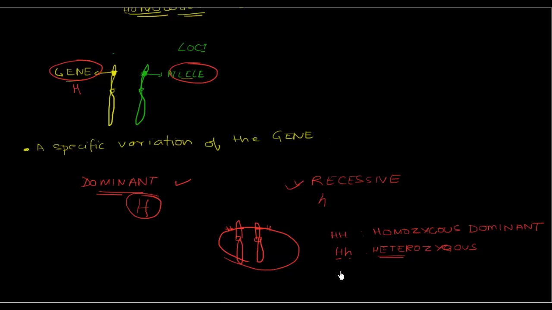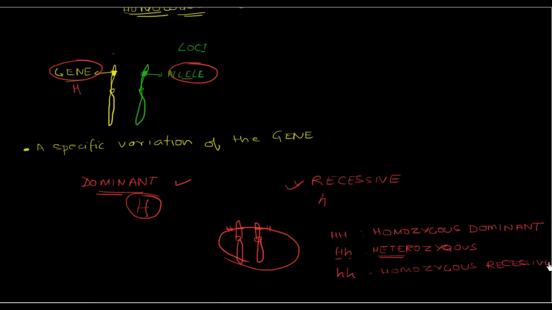We have another condition where both the genes or both the alleles are recessive, so there is no dominant gene present at all. In this case, the condition is referred to as homozygous recessive.